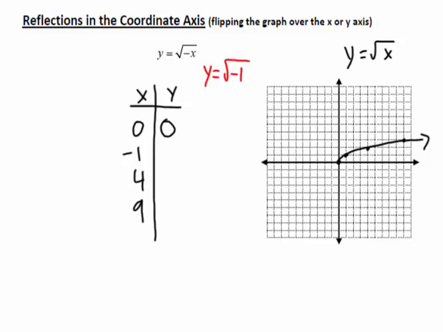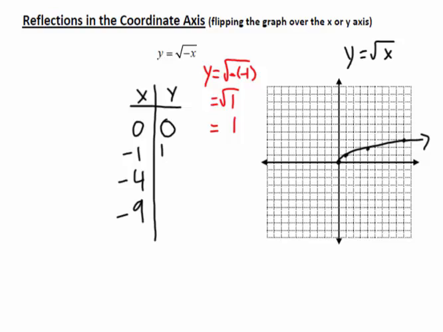So if we put negative 1 under the square root, how that's going to look is we'll have the square root of the negative of negative 1, which would make this the square root of 1, which of course would just give us 1. Same thing with 4 and 9. Instead of positive, make them negative.